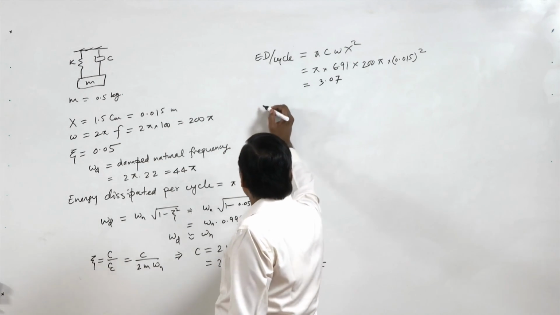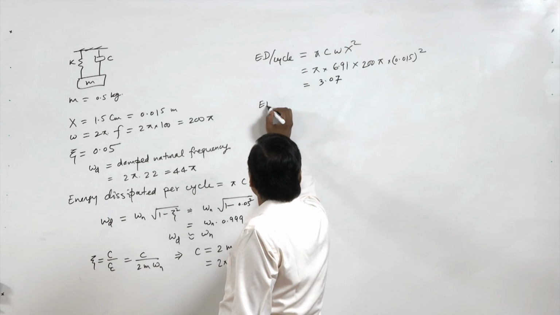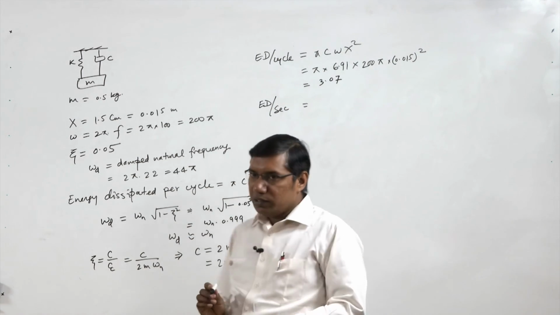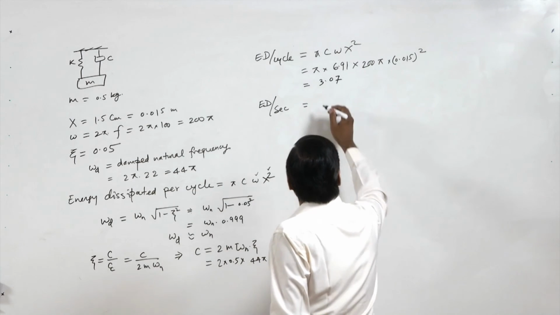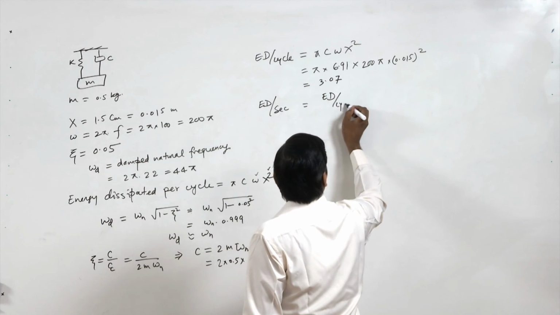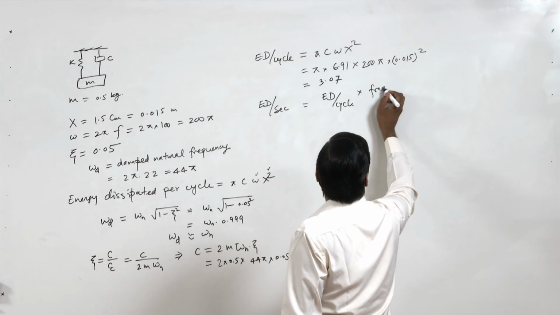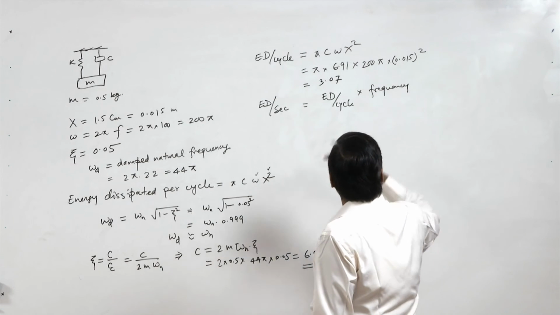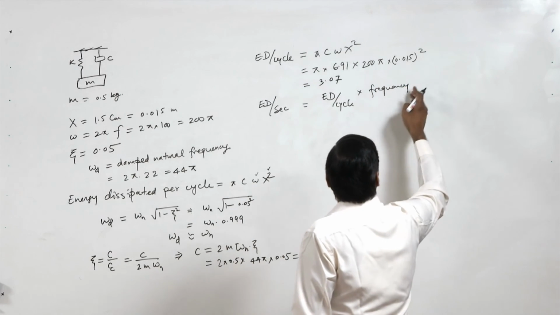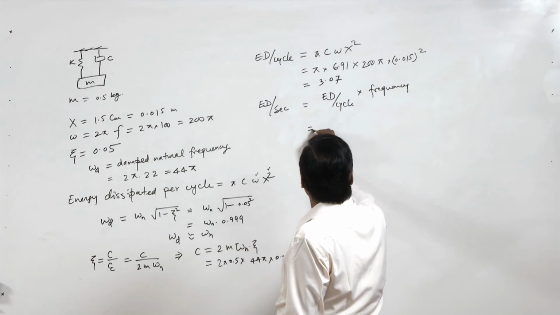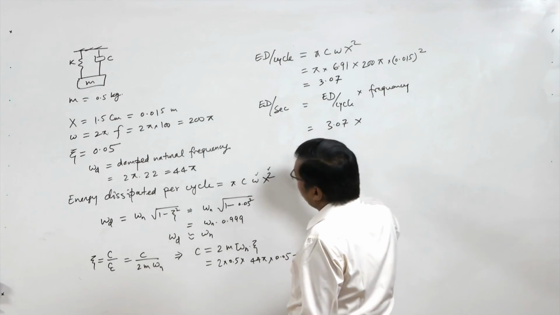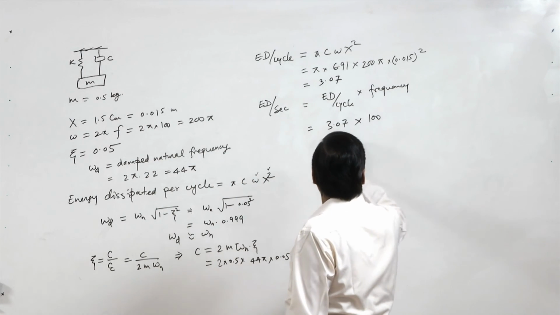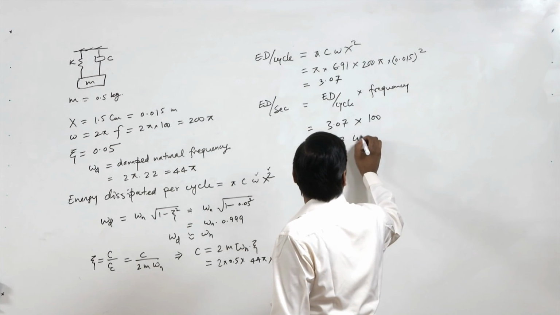So we need the energy dissipated per unit time, or per second. Energy dissipated per second is energy dissipated per cycle into the frequency, because frequency is the number of cycles per second. So we multiply 3.07 with the frequency, 100 Hertz, and we get 307 watts.